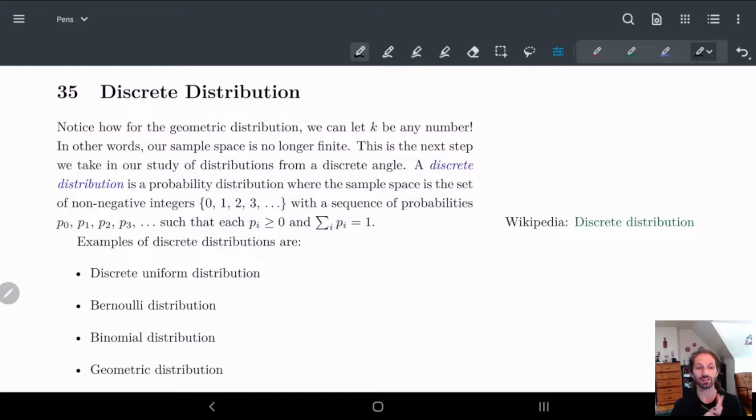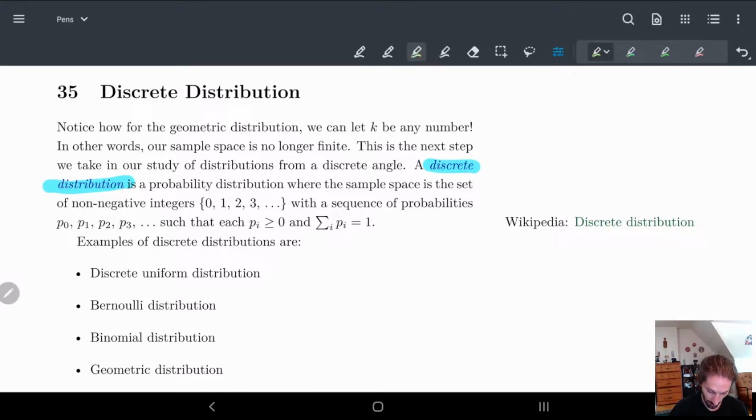So basically this next step is that we're going to start looking at distributions from a discrete angle. And that's going to be most of this week's talk. So a discrete distribution is basically a probability distribution where the sample space is a set of non-negative integers.